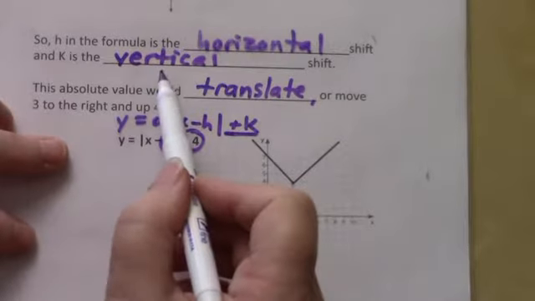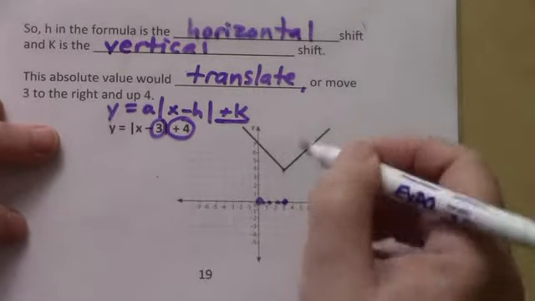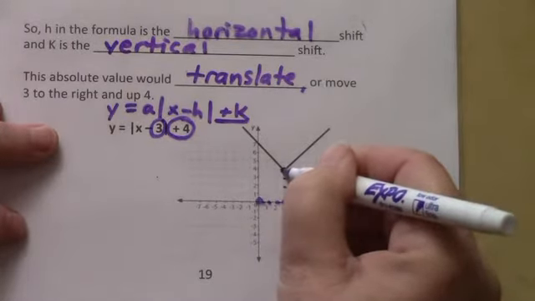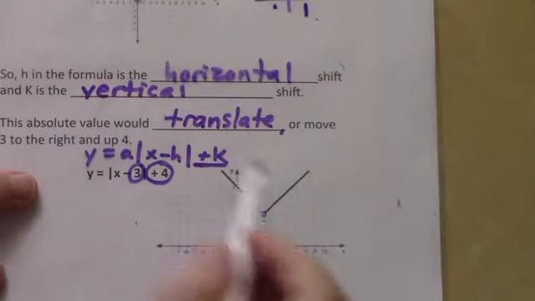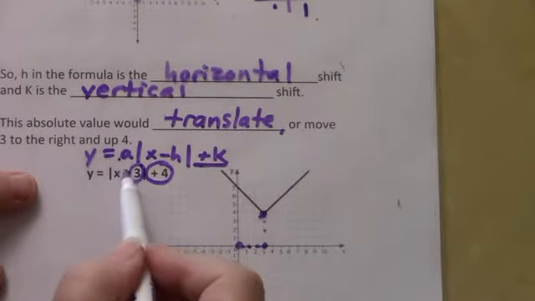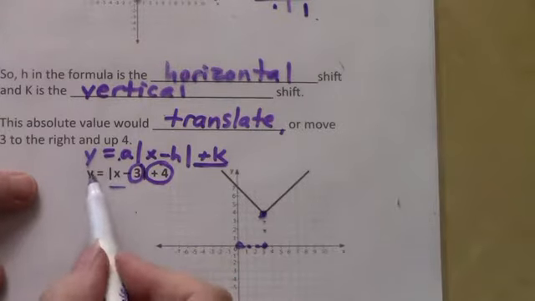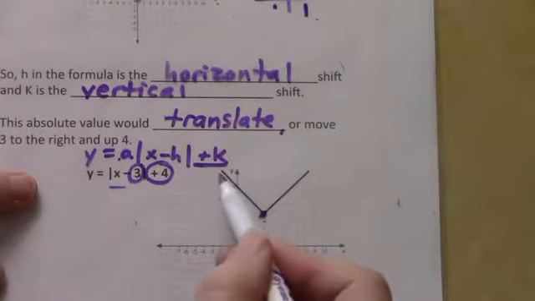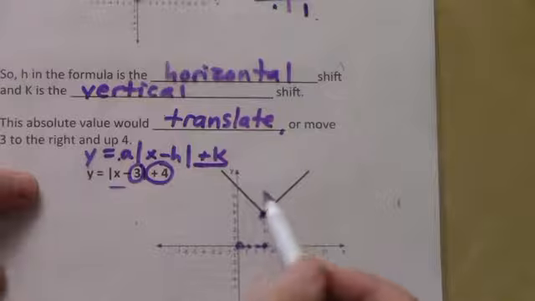K is the vertical shift, and that was a plus 4, so we went up 4. 1, 2, 3, 4. That gives us our vertex, and because there isn't an a here, or there really is, but it's just a 1, that means we have a slope of 1, positive and negative.